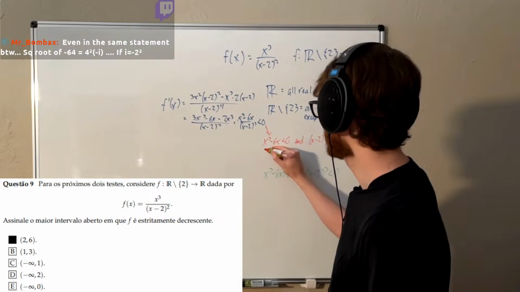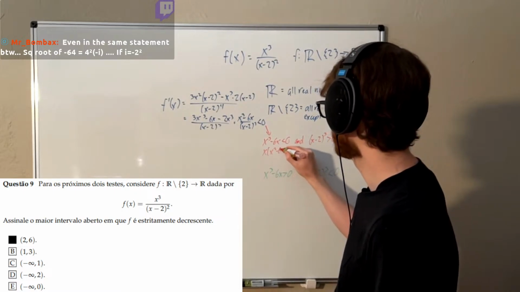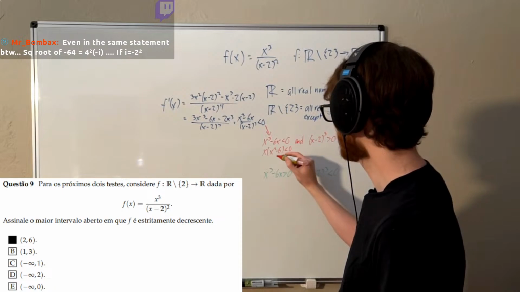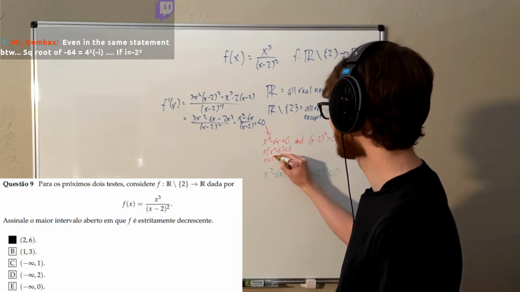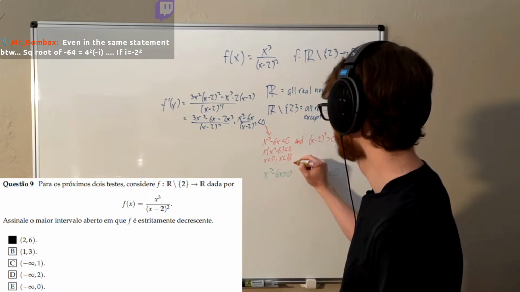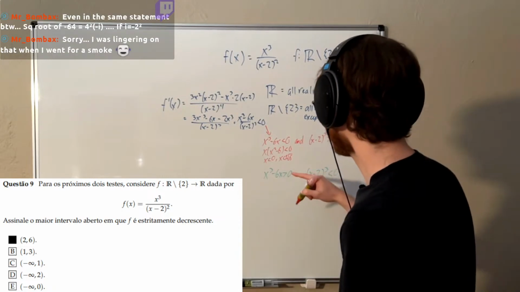So from this, we would get x times x squared minus 6 less than 0. Does this work the way that I think it does? X less than 0. I don't know if this is quite right. Let's just see what we get though.